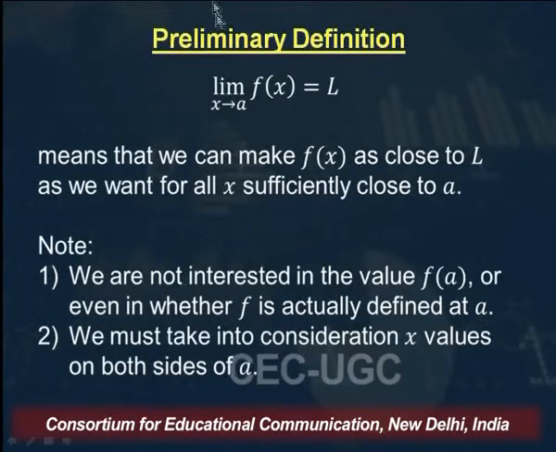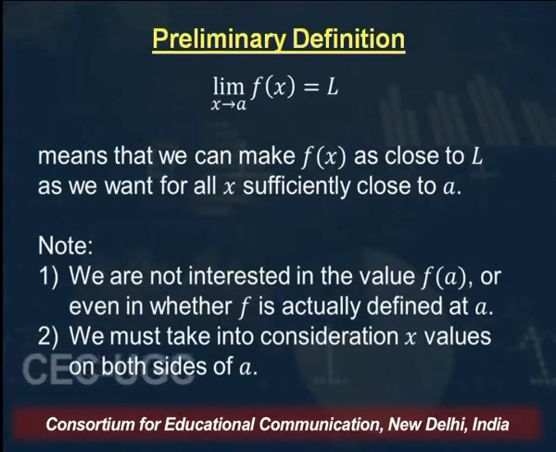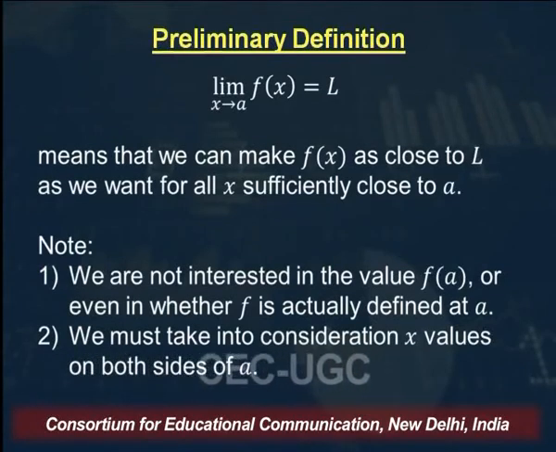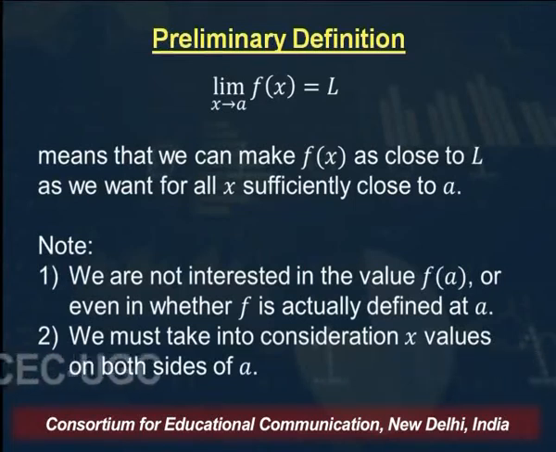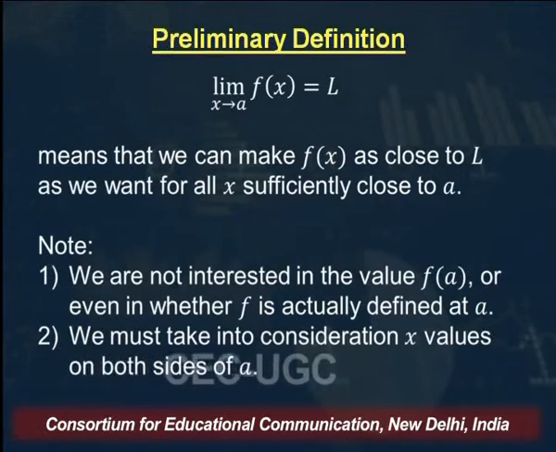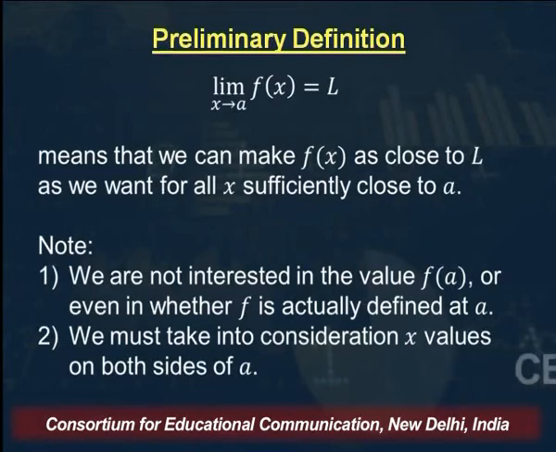Okay, let's formalize things a little bit more. When we write the limit of the function f of x as x tends to a is L, it basically means that I can make the function f of x as close to L as I want for all x sufficiently close to a. Now, this may not make much sense at the moment, but once we set up the precise mathematical definition of limits, we'll be able to convey this statement in a more proper manner.